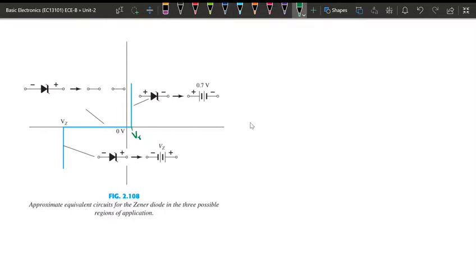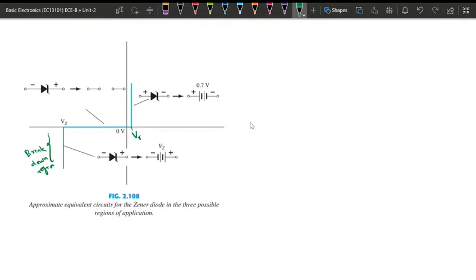Beyond this cut-off voltage there will be a current flowing, so it will be replaced by a cut-off voltage in forward bias. In reverse bias, it will be an open circuit. In the breakdown region, it will be replaced by VZ.